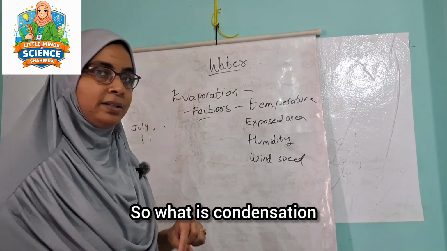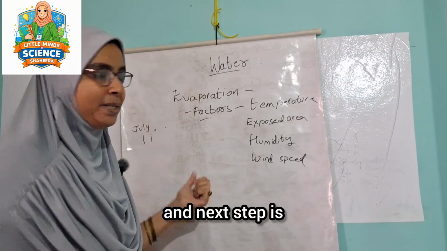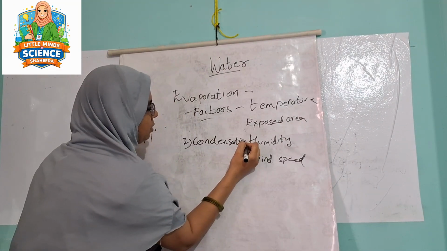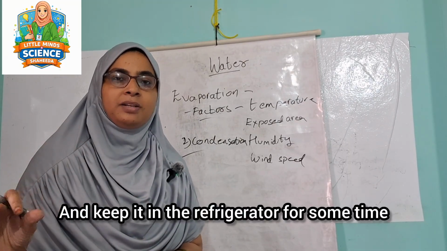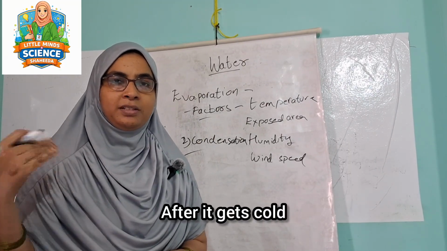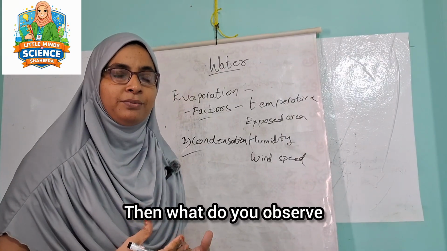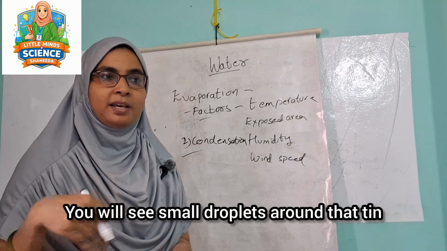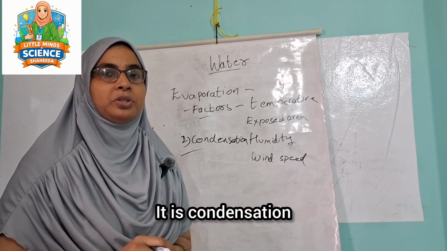What is condensation? First we have learned evaporation, and the next step is condensation. If you take a tin and keep it in the refrigerator for some time, after it gets cooled, keep it on a table, then what do you observe? You will see small droplets around the tin. Why are they formed? Because of condensation.